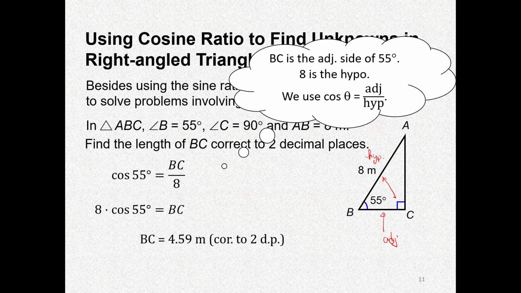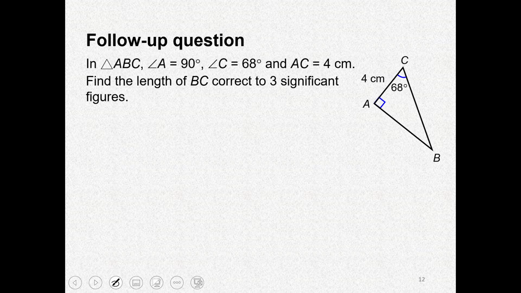Okay, so next, we have the 68 degree, and then I'm asking you for the unknown length of BC. So now, please mark the relationship. 4 is the adjacent side of the 68 degree, and then BC is the hypotenuse of the 68 degree.